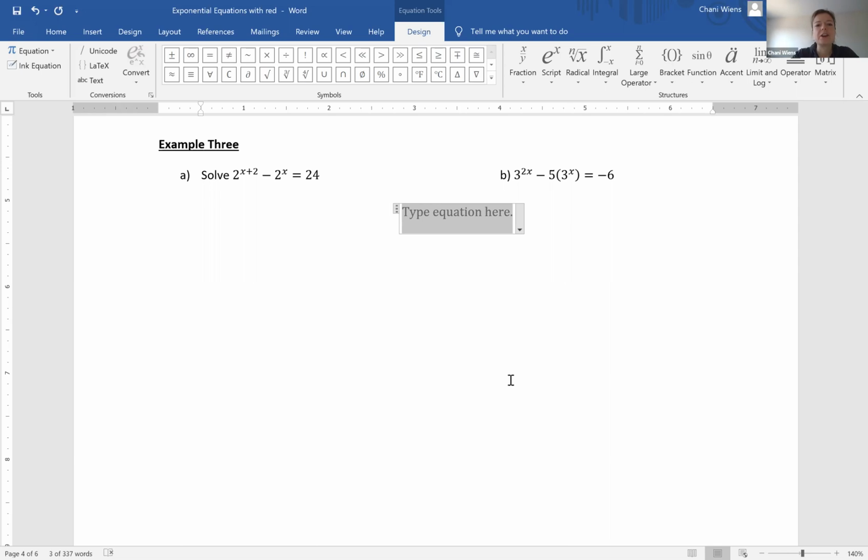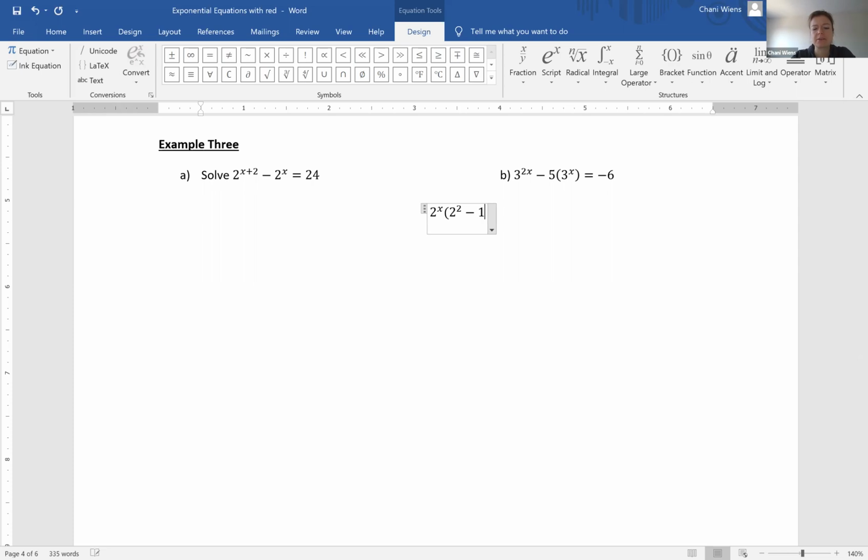Okay, so here is a case again where we can common factor out 2 to the power x. When you factor out 2 to the x from this, you get 2 to the power 2. Now again, why is that? Because when you multiply 2 to the x times 2 to the 2, you add the exponents to get 2 to the power x plus 2.